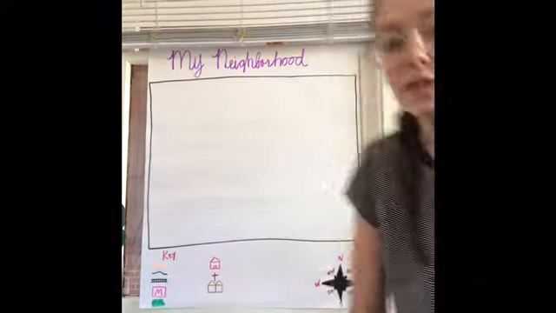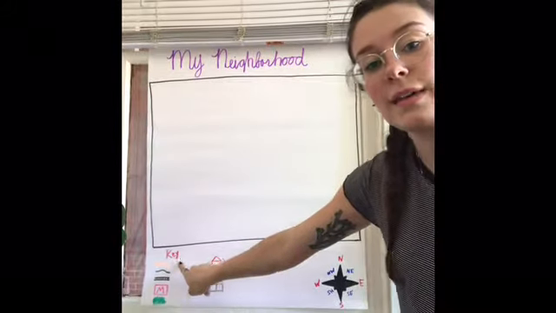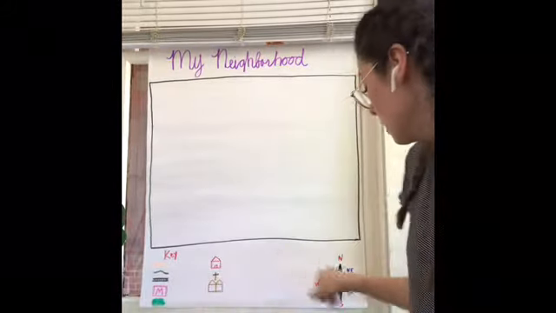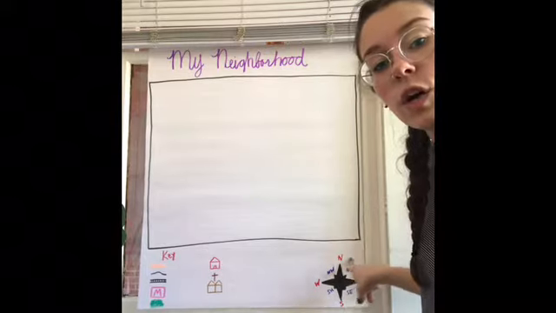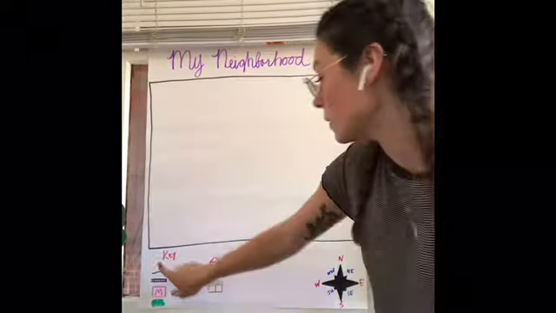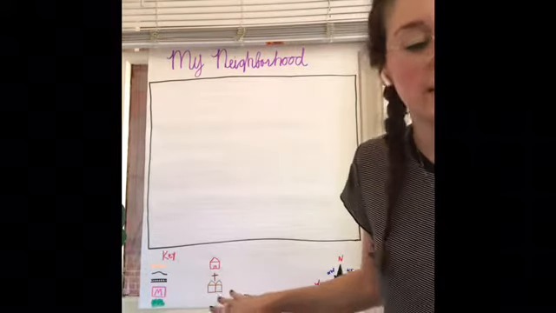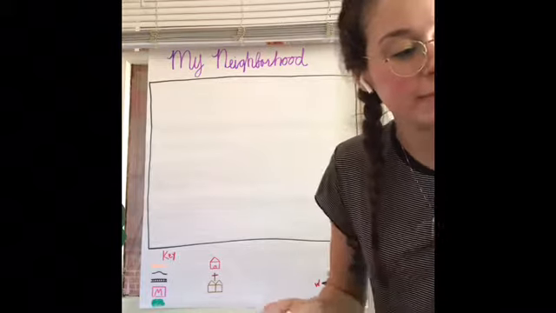Alrighty, so now that we have our title ready, our key is labeled and ready to go, our compass is down here with our cardinal directions and our intermediate directions labeled, okay? So I drew out my key, but I haven't written out what each one means yet. Okay, so that's what I will do now.